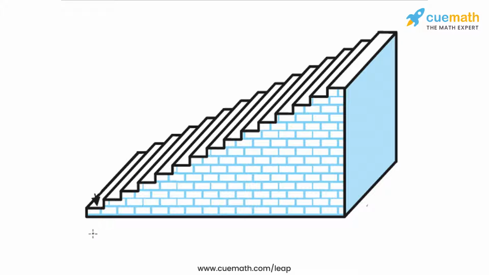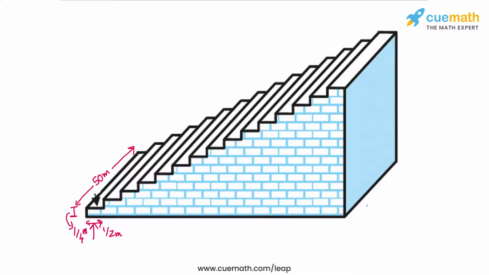If you look at this first step here, the height of this step is 1/4 meters, and the horizontal extent of the step is 1/2 meters. And we already know that the width of the step is 50 meters.